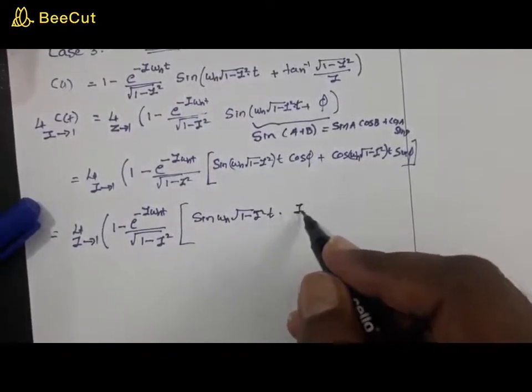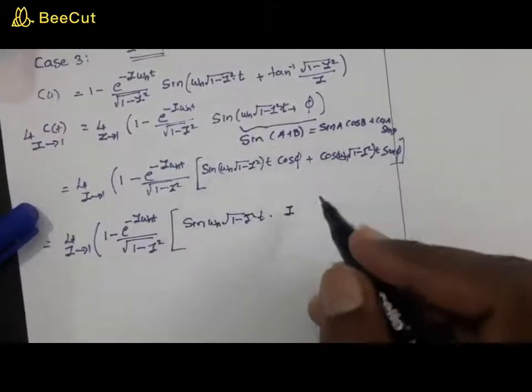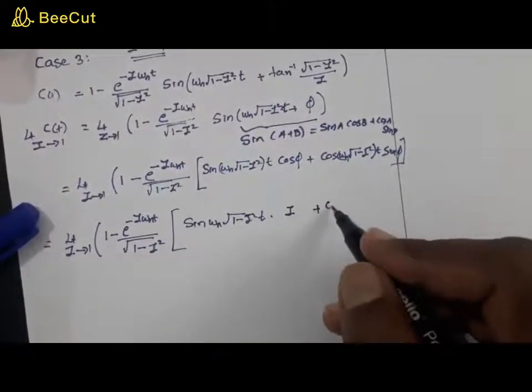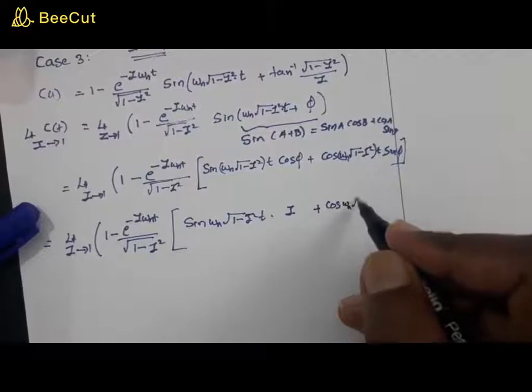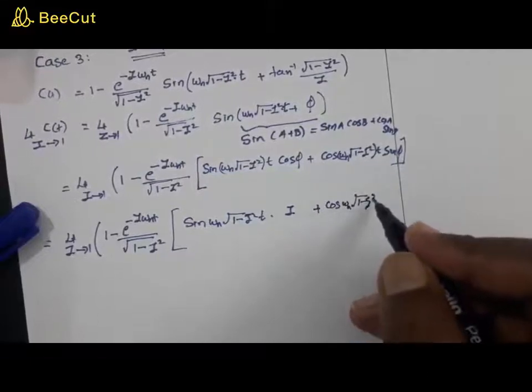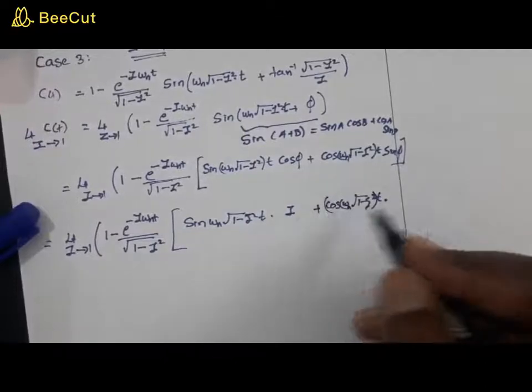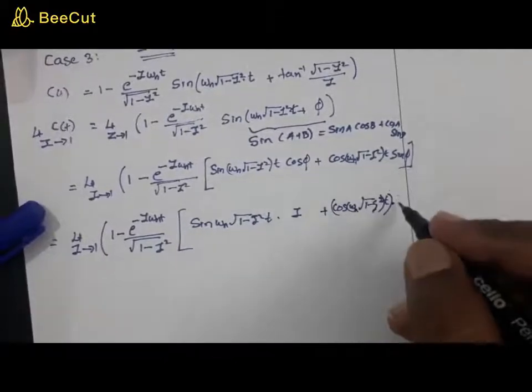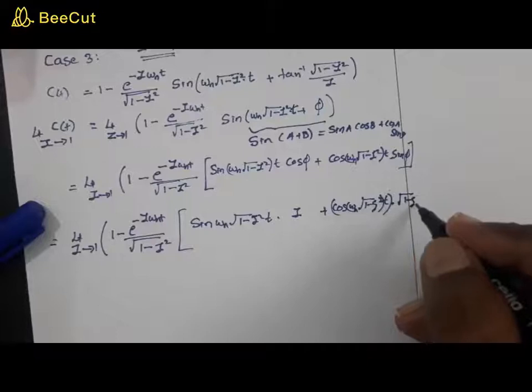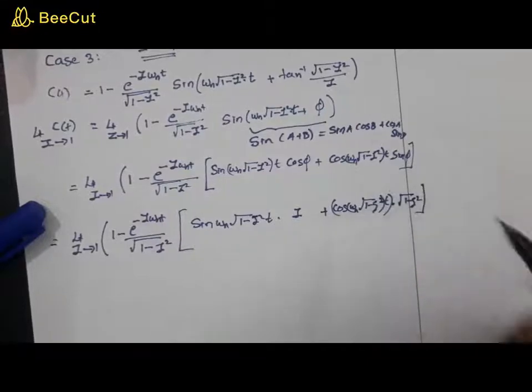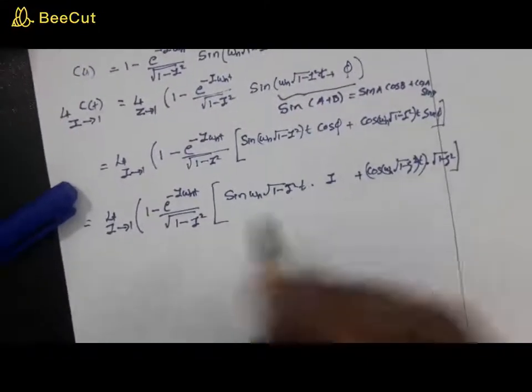We know that we have assumed this theta to be equal to cos phi. And sine phi is root of 1 minus theta square. Now I'm multiplying this.